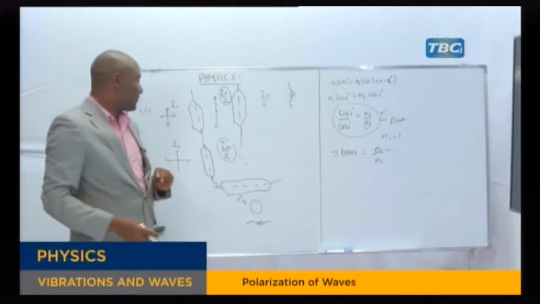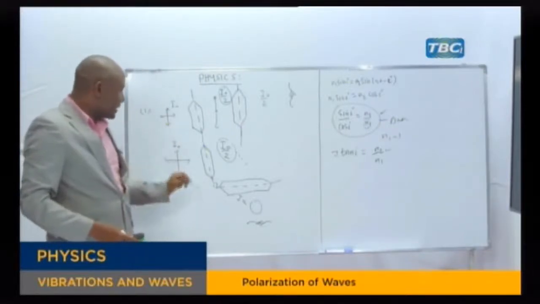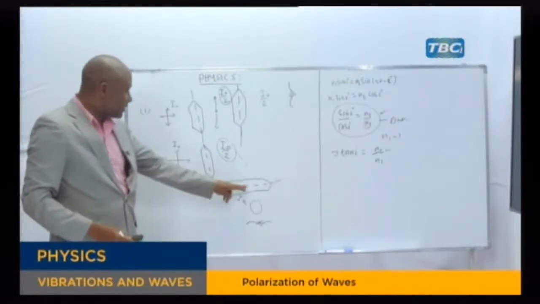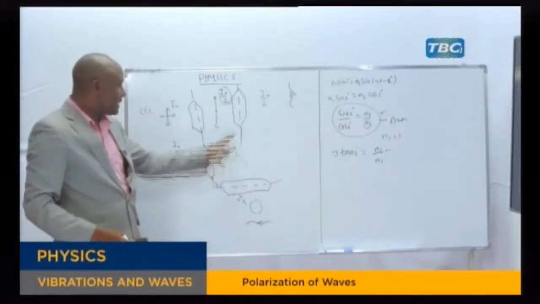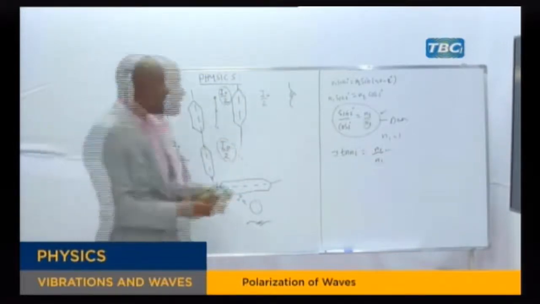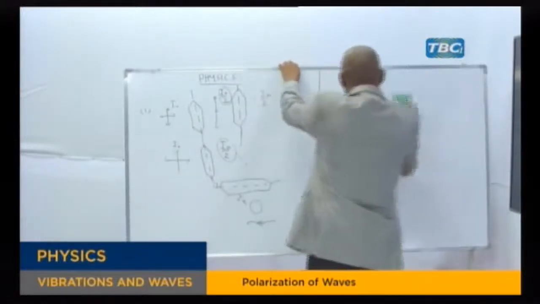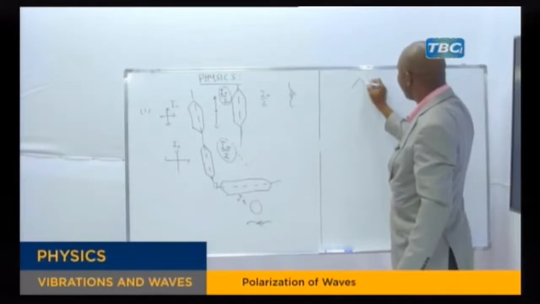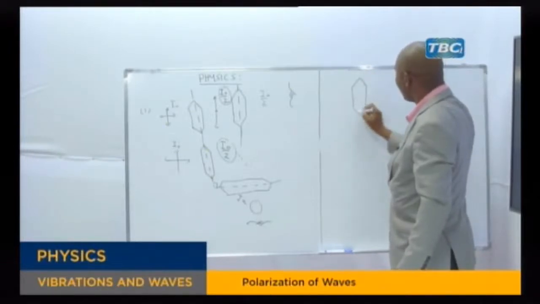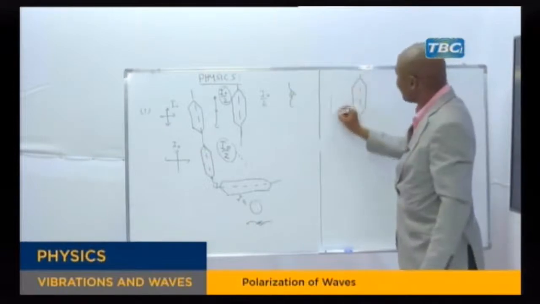Now the question was, what is the effect of this second polarizer if it's not parallel or perpendicular, if it makes a certain angle, which is an acute angle between the two? So in today's discussion, we see what happens when you have these two polarizers here. This is unpolarized light.